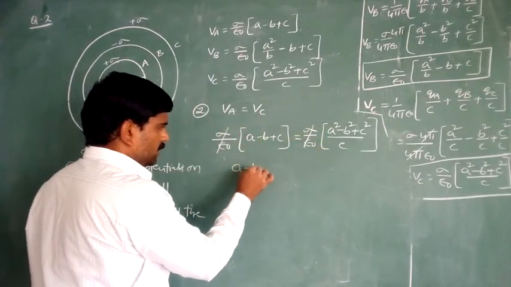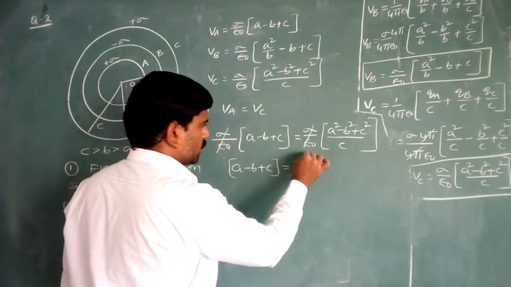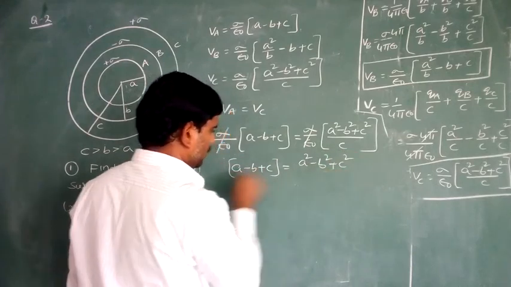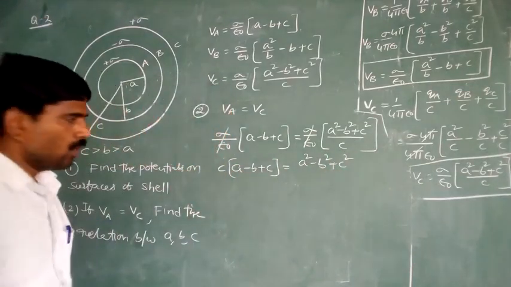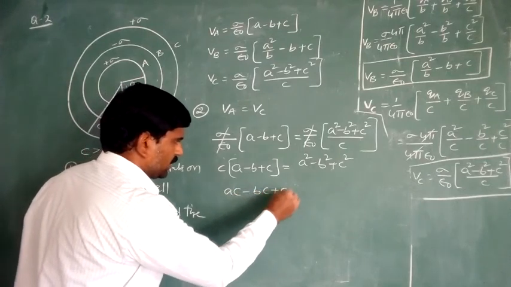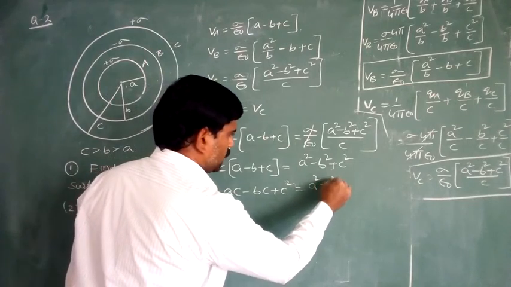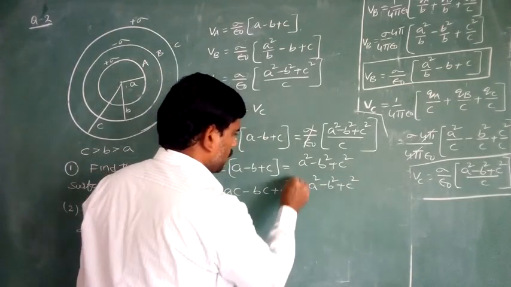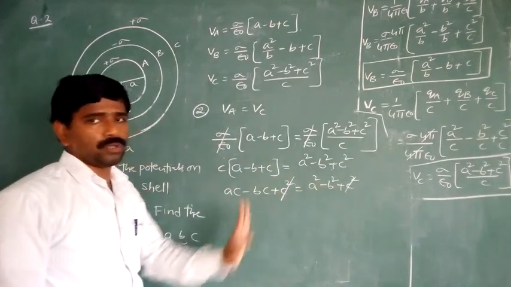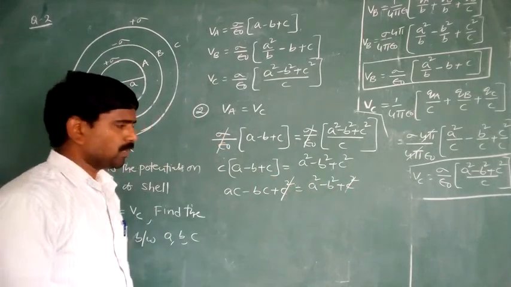So A minus B plus C is equal to A square minus B square plus C square, whole by C. So here AC minus BC plus C square is equal to A square minus B square plus C square. C square cancels, one is positive, second one is negative, both are cancelled.